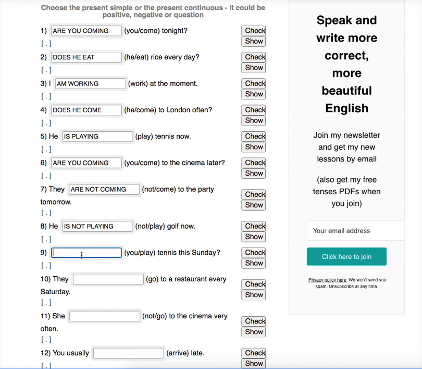Nicolás, la que sigue. So, mira, tienes you play, ok, tenis y tienes this Sunday. O sea que está en futuro. ¿Qué utilizas si está en futuro? ¿Simple o continuo? Continue. Very good. Y si está en continuo, mi amor, y tu sujeto es you, tienes una pregunta, vas a utilizar el verbo to be con ing, ¿verdad, Nico? ¿Qué utilizas con you? ¿Qué verbo to be?